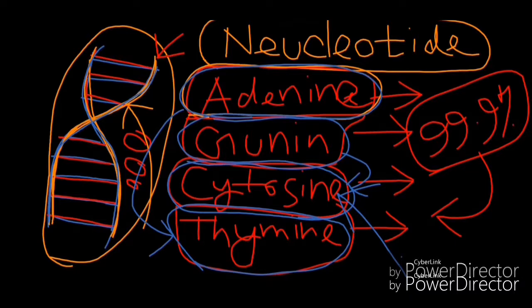That means the 0.1% difference between me and you makes the difference in the characteristics, the structure and the body of me and you. That means only a 0.1% difference can cause a great difference in the structure and the characteristics, right? And this is amazing. If you think about this deeply, you will find it very interesting.